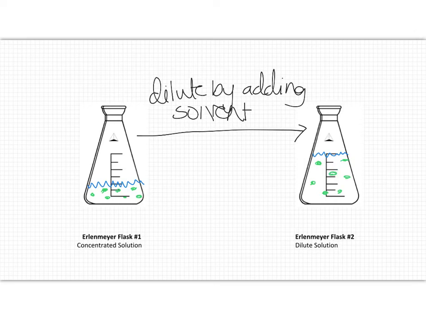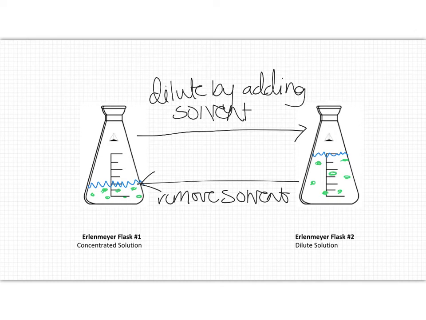All right, if I would like to go from a dilute solution to a concentrated solution, in our diagram here, we have to get rid of some of the solvent. So we need to remove solvent. The way that we can do that is evaporating.